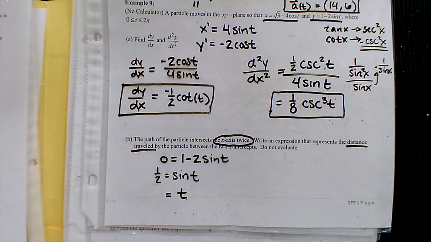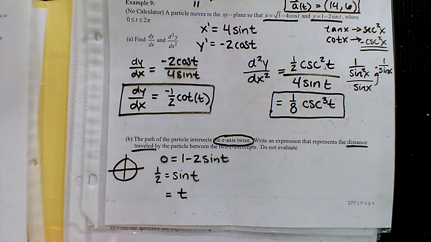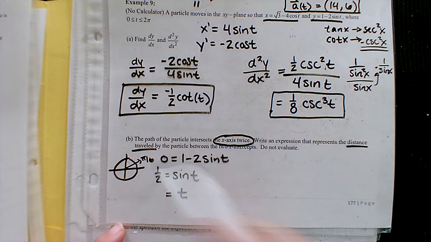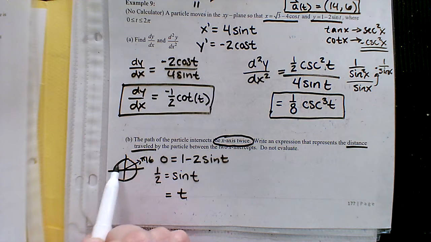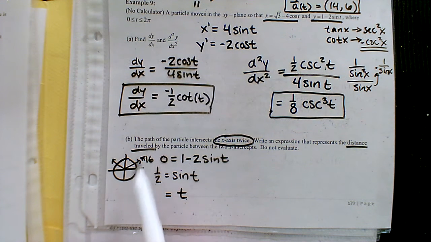Okay, in terms of your unit circle, can we figure out where sine has a value of a half? There we go. Pi over 6 is in the first quadrant. All right, and since sine is like a y value, y values are positive in quadrant 1 and quadrant 2, so the other time would have to be in quadrant 2.